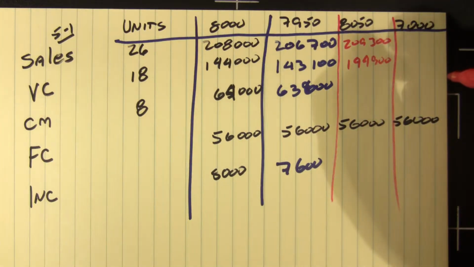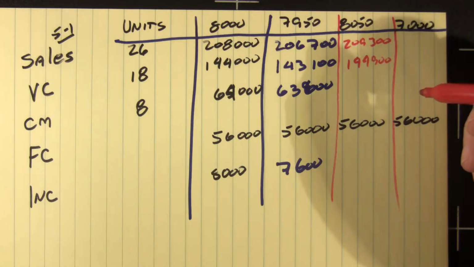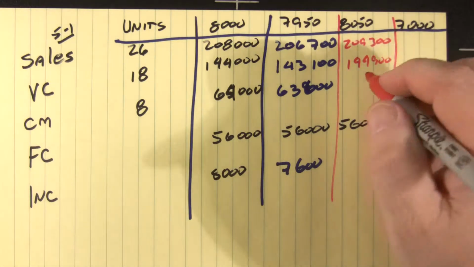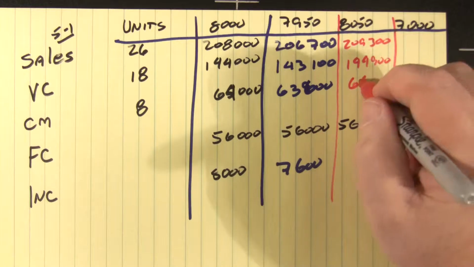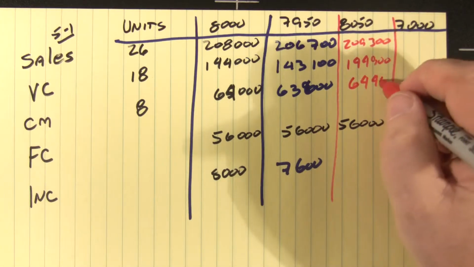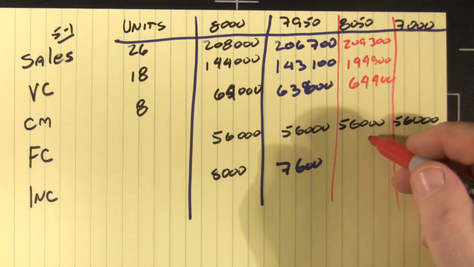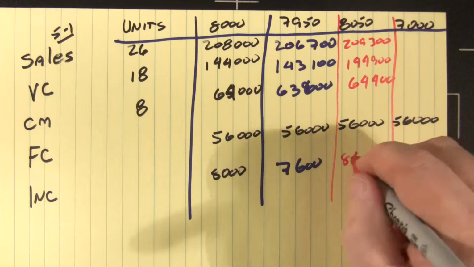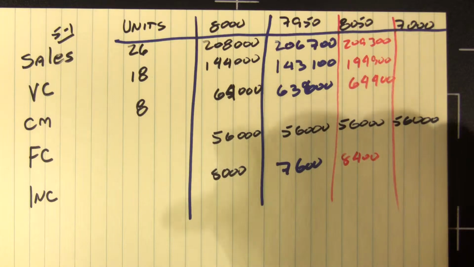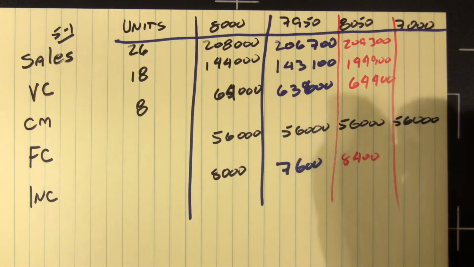And our contribution margin then goes up to 64,400. Our fixed cost remains fixed. Our net income goes to 8,400.